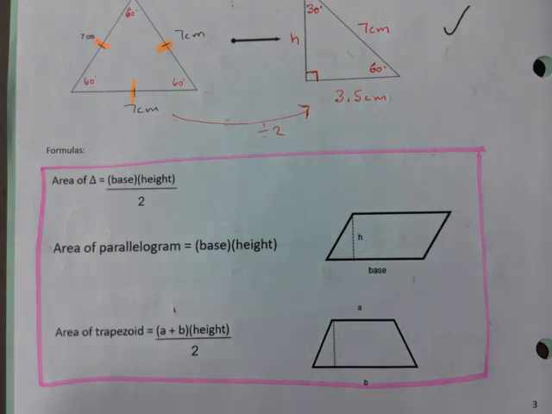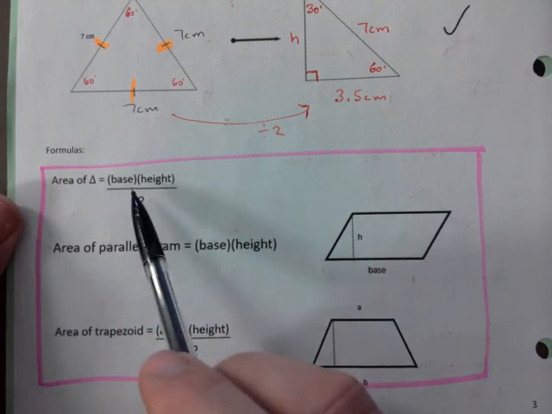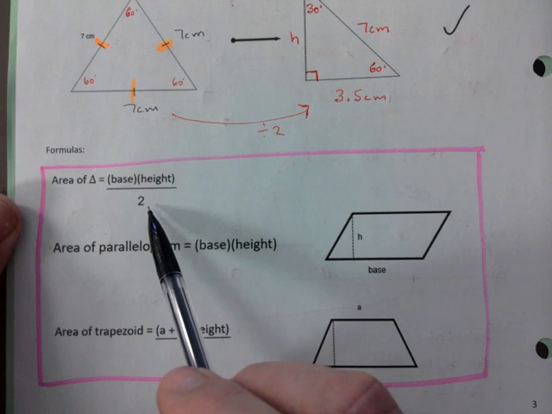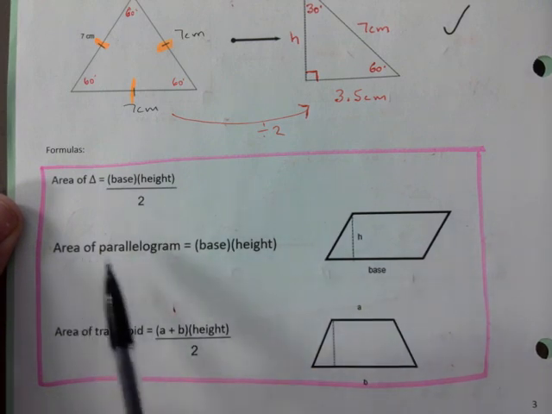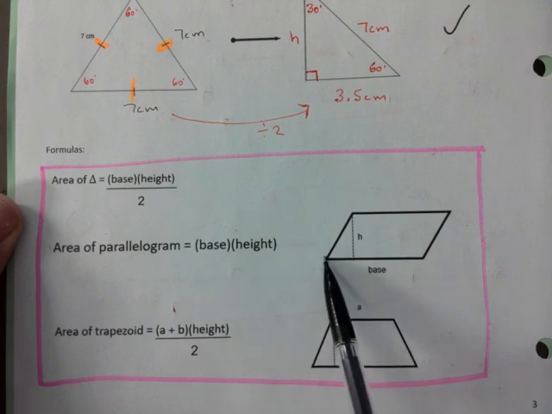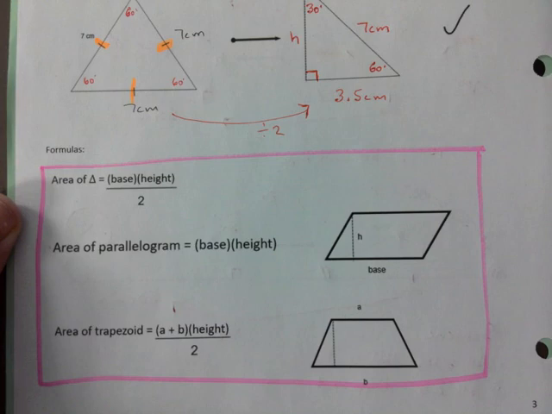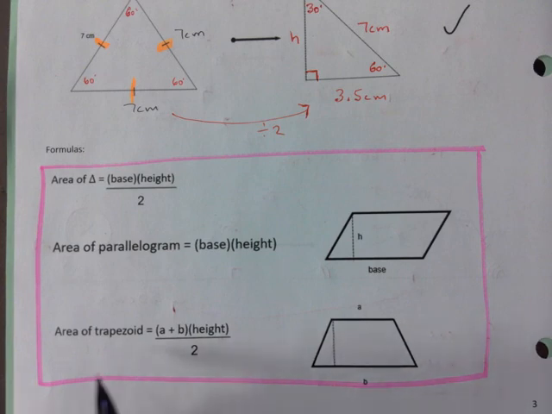These are formulas for the areas of the various shapes. Area of a triangle, I think everybody knows that one, base times height divided by 2. Area of a parallelogram would just be base times height, right? Base times height, height goes right across. And the last one here is the one I want to draw your attention. You're going to see quite a few of those.